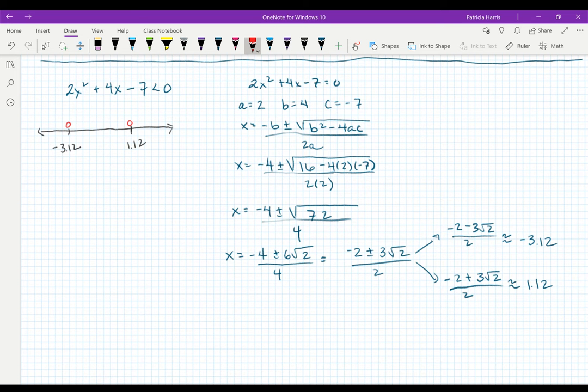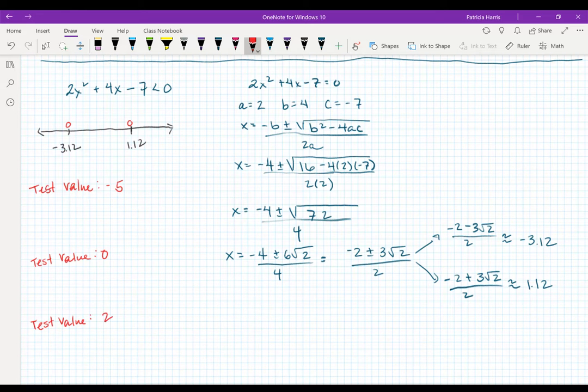You don't have to pick a fraction. So I'm going to pick -5. I'm going to pick 0. And then I'm going to pick +2.